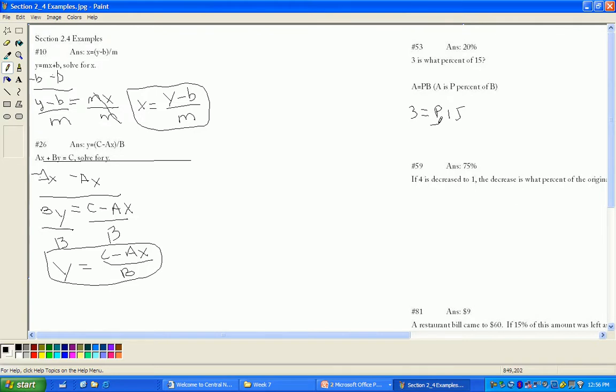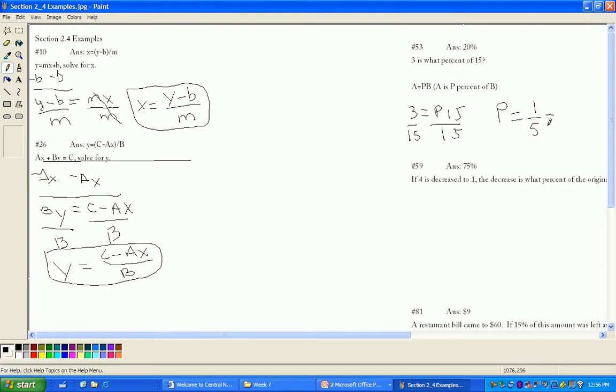We solve for p dividing both sides by 15. P is equal to 3 over 15, which is just 1/5.